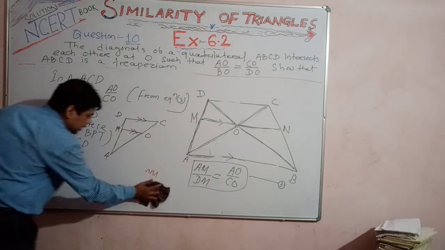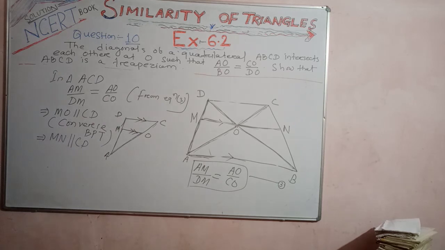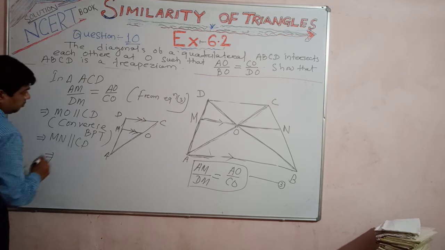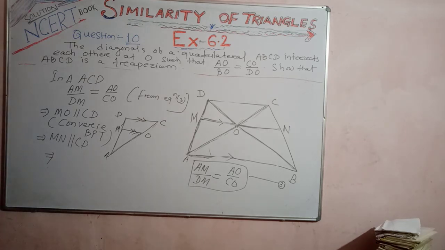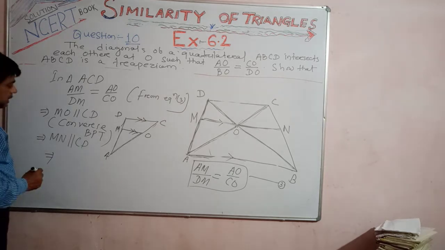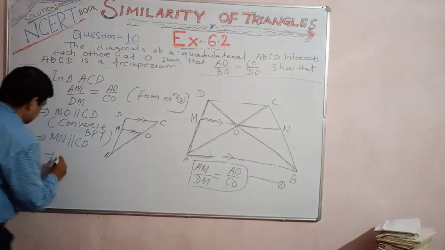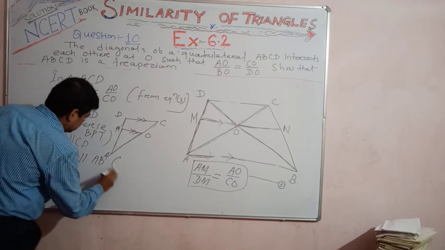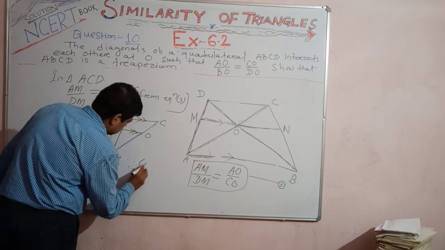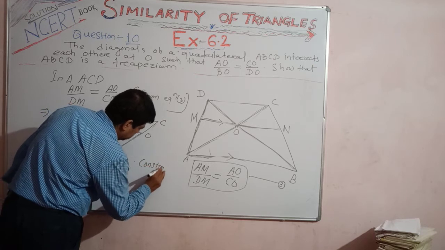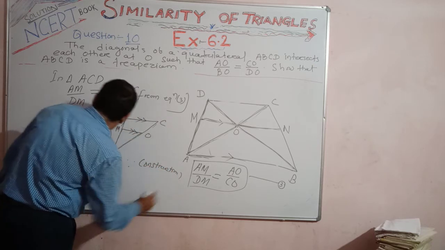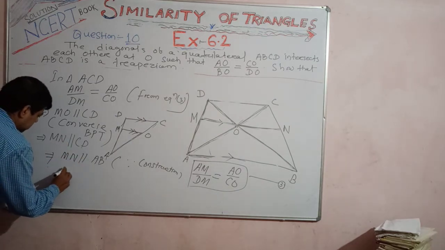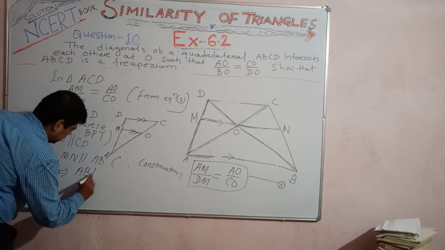Yes. And again, MN is parallel to AB, as per the construction we have already done. So since MN is parallel to CD and MN is parallel to AB, hence AB is parallel to CD.